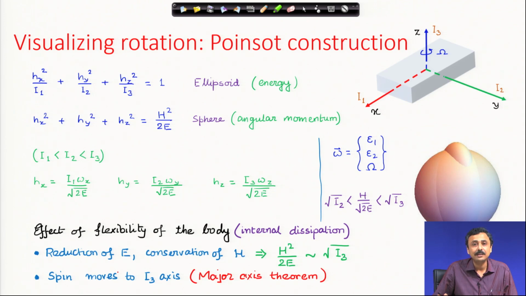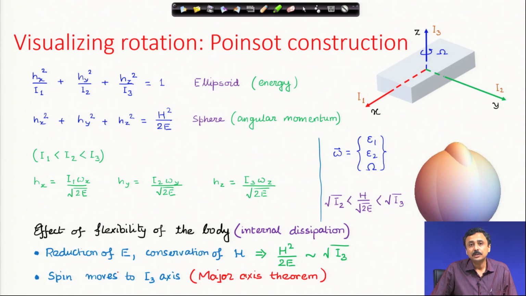The spin finally will move very close to the major axis in terms of the moment of inertia. So, this is what is going to happen. I3, it is going to move to the z axis, the spin is going to eventually move to the z axis. This has happened in the case of Earth, because it spins about the maximum moment of inertia axis.